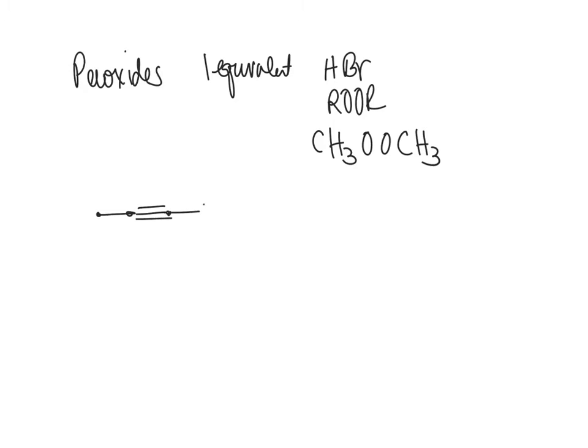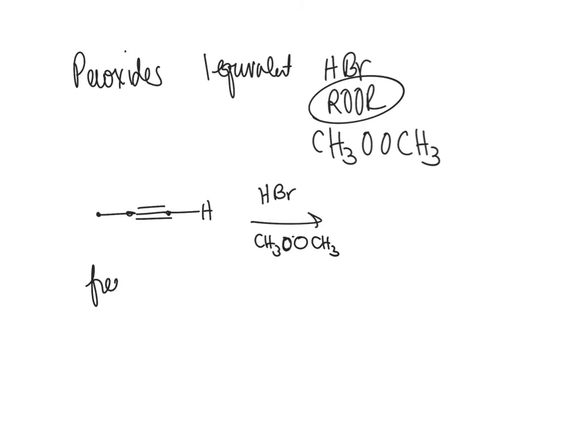Okay, so we're just going to do this. All right, HBr, and you can just do this, or like I said, you might see the ROOR. Okay, you might see this. This does a different reaction mechanism, free radical mechanism.